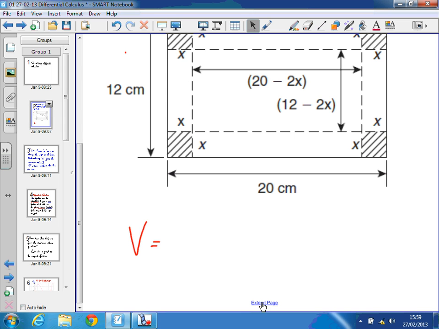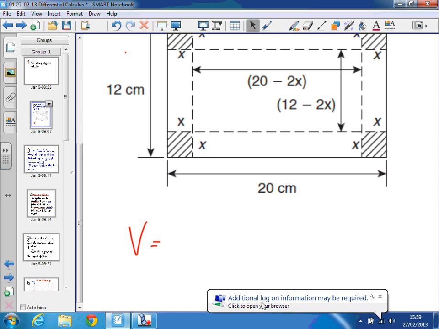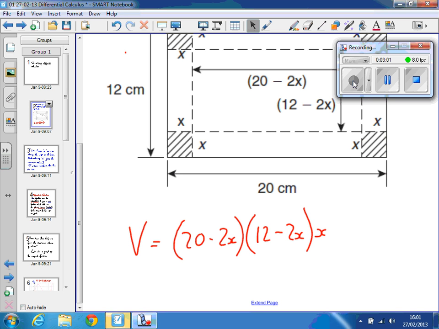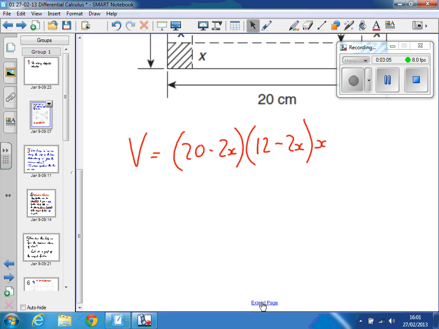Write down for me, using these algebraic expressions in here, a formula to find the volume of the box. That's an expression for the volume of the box, isn't it? This part is the length, if that's what we want to call it, the long bit. This is the width of the box, and that's the height, length times width times height.